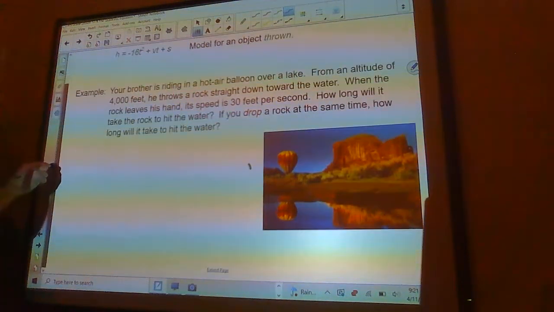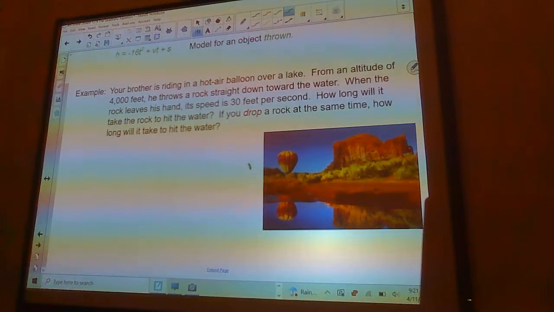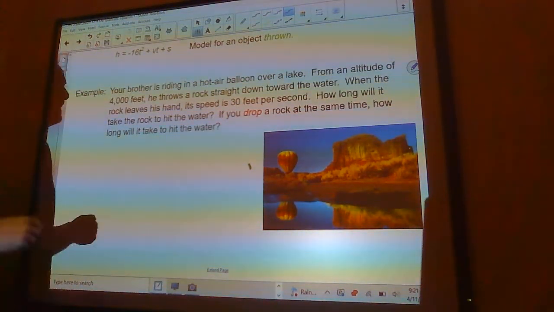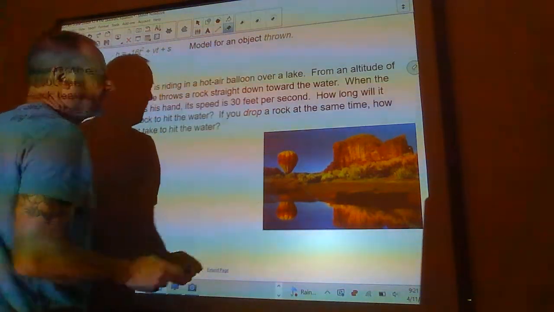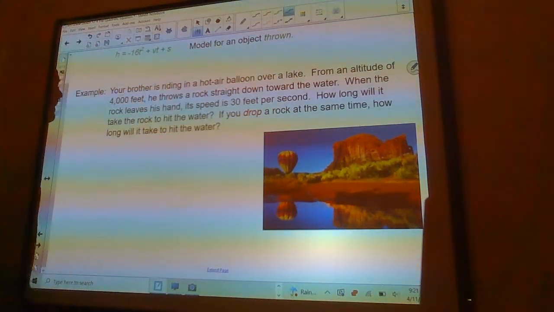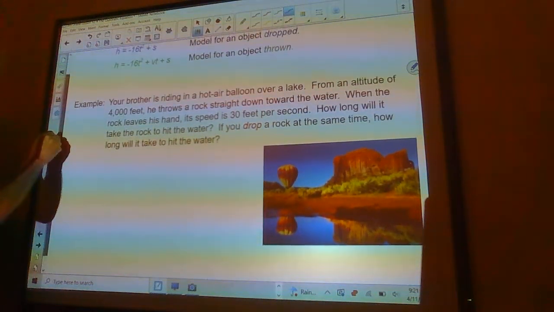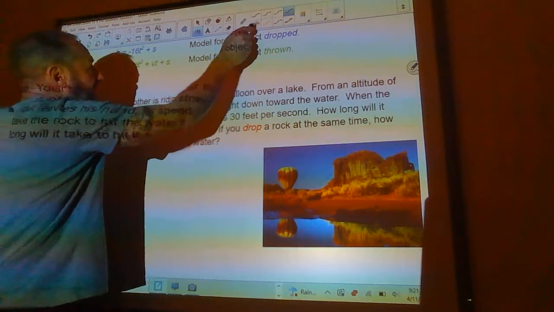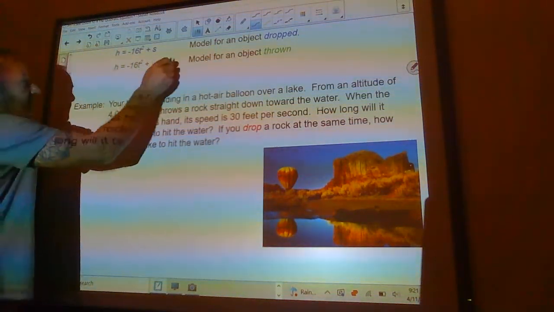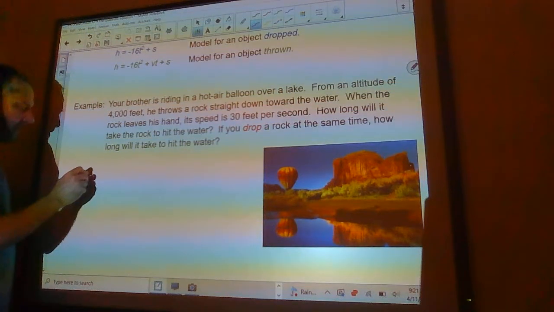Okay, so your brother's riding in a hot air balloon over a lake from an altitude of 4,000 feet. He throws a rock straight down towards the water, okay? And when the rock leaves his hand, its speed is 30 feet per second. How long will it take the rock to hit the water? Okay, so if I plug this into this equation, I'm going to use the thrown formula, and I want it to hit the water.